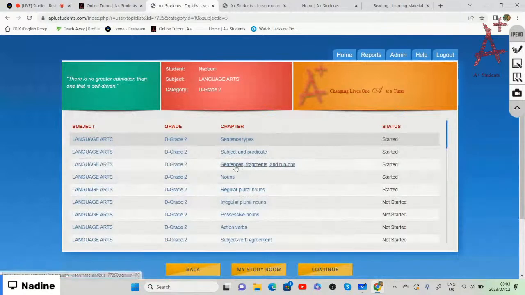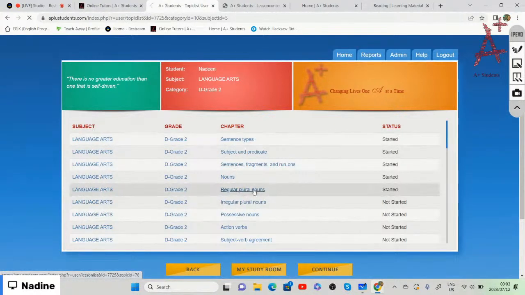Once we've gone into language arts and chosen grade 2, we're going to scroll down to regular plural nouns.